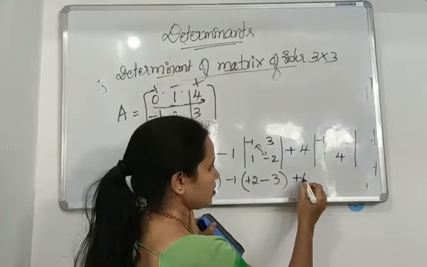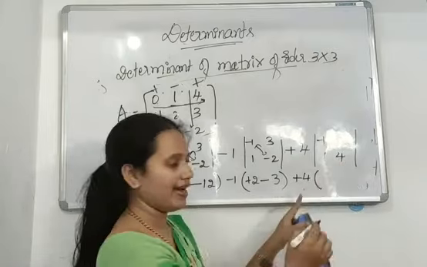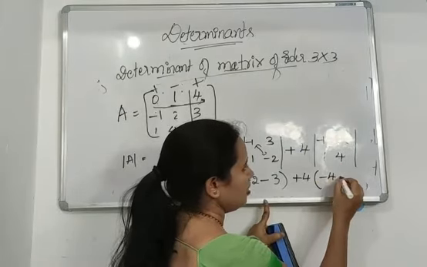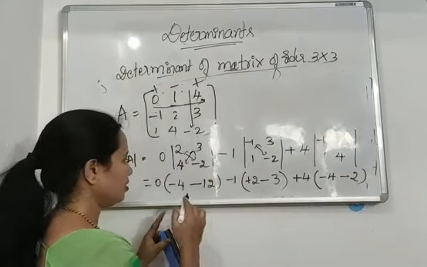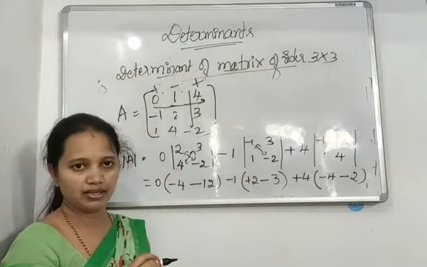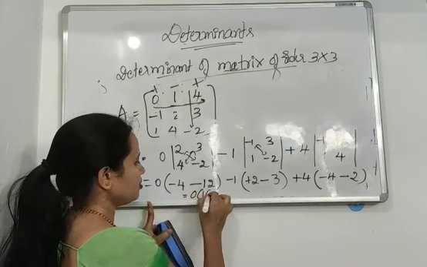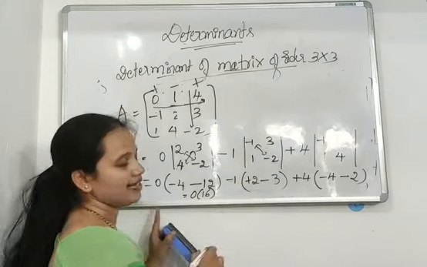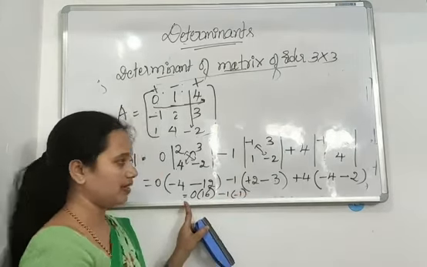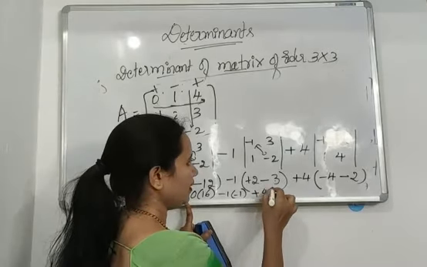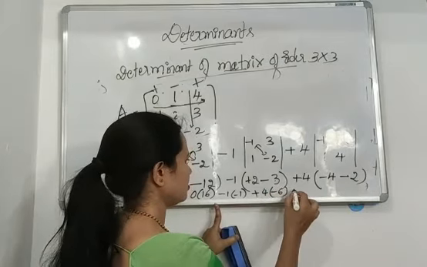Next the third element: plus 4 into minus 1 into 4 minus minus 1 into 2, 2. So minus 4 minus 12 is minus 16. So 0 into 16. 2 minus 3 is minus 1. So minus 1 into minus 1 plus 4 into minus 4 minus 2 is minus 6.